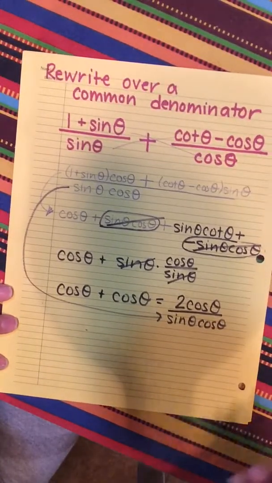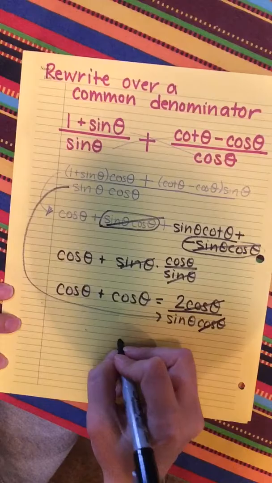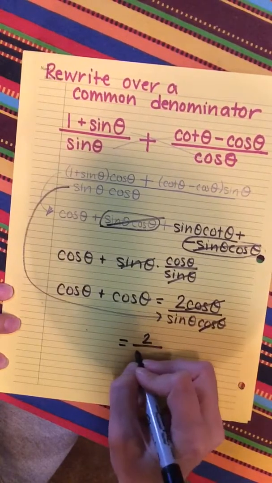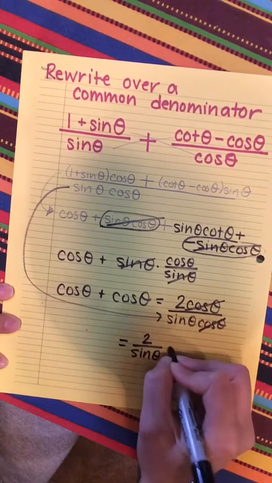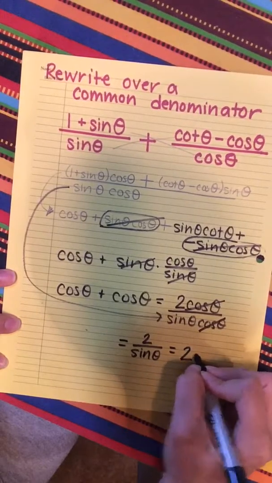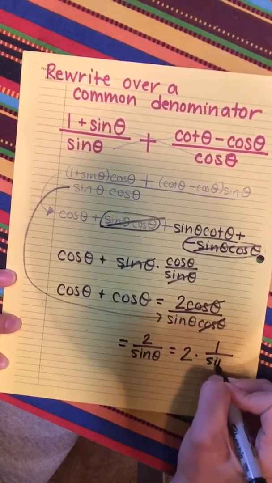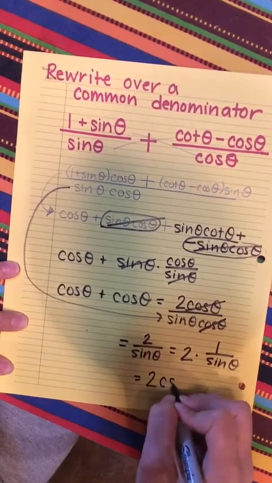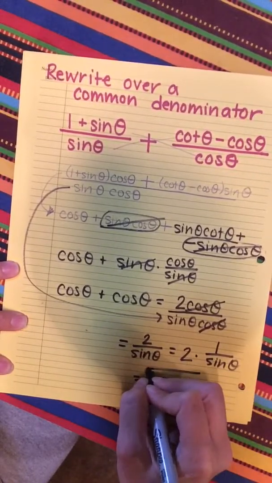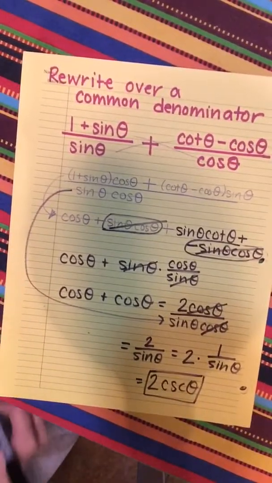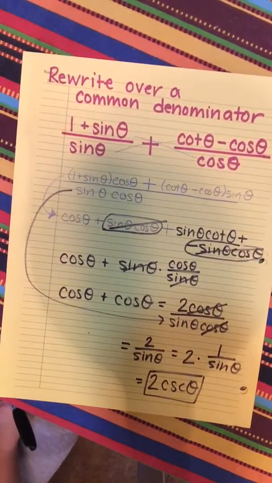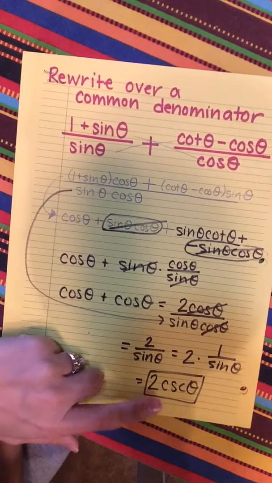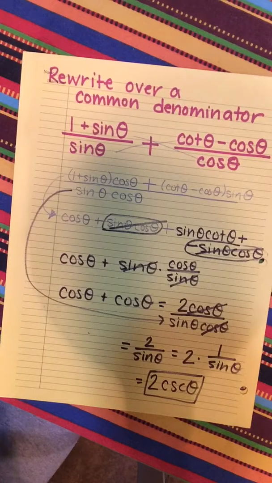And if you look at it this way, cosine gone, now we have 2 over sine of theta, which is the same thing as saying 2 times 1 over sine of theta. And we know that 1 over sine of theta is the same thing as cosecant of theta. So we took those two big old fractions, added them together, worked it all the way down to 2 cosecant of theta.